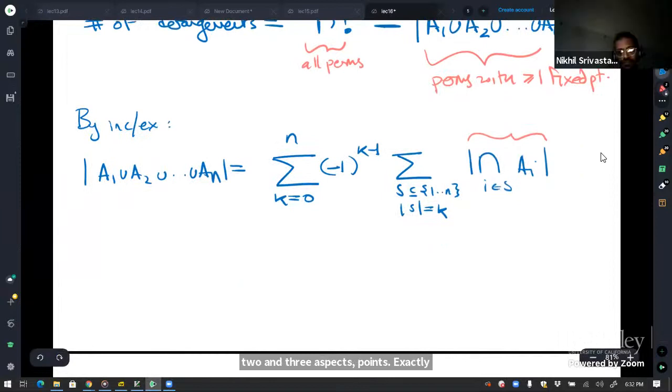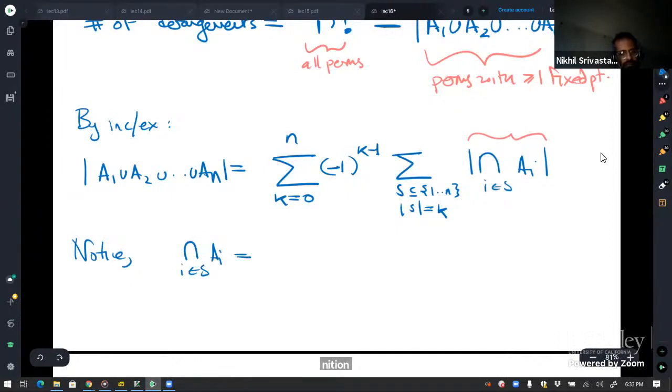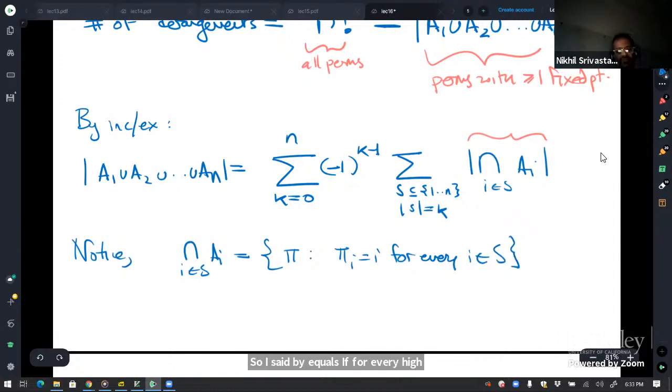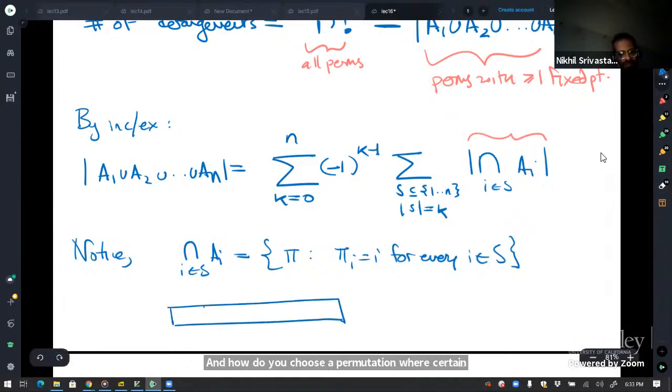So by definition, this is the set of permutations such that pi i equals i for every i in S. And so this is permutations with a certain number of fixed points. And how do you choose a permutation where certain indices are fixed? Let's say I'm going to cross out these fixed indices.